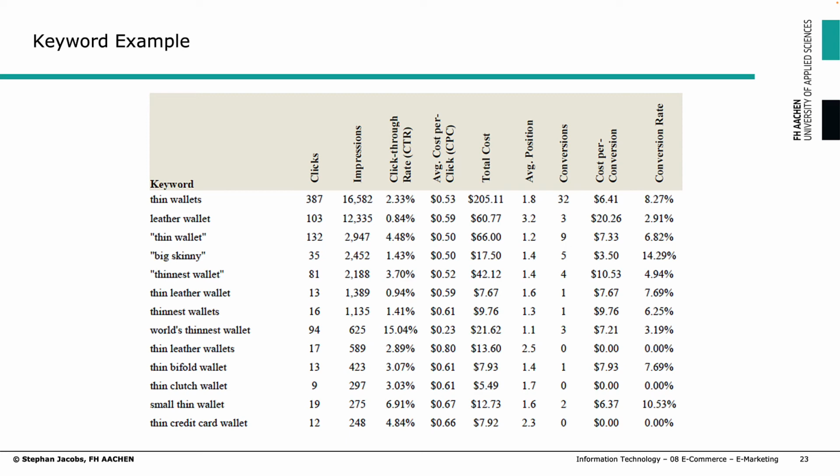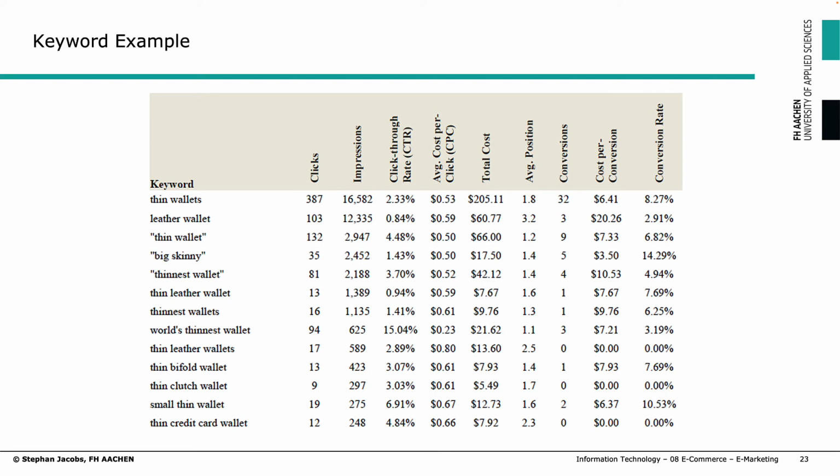And now you can calculate how much a conversion has cost you, so cost per conversion. It's $205 divided by these 32 conversions, which leads to $6.41. And of course you can calculate the conversion rate as well, which is 8.27%.